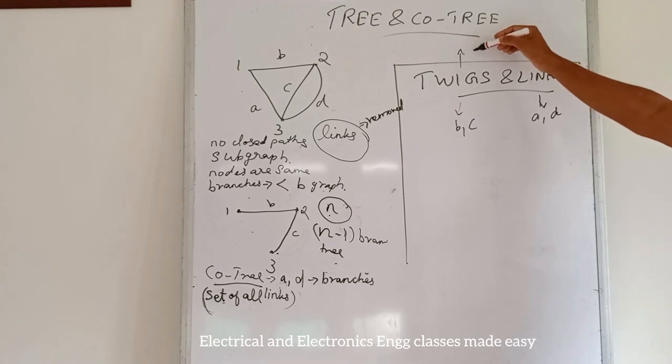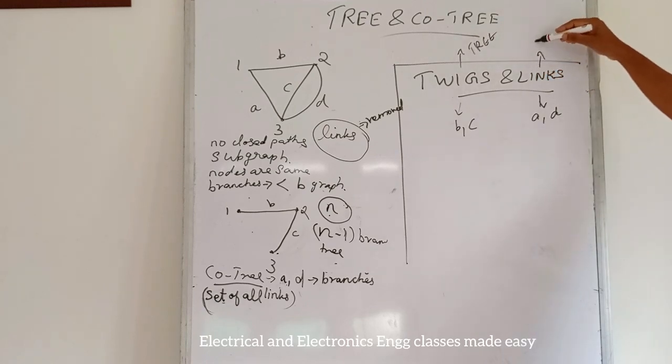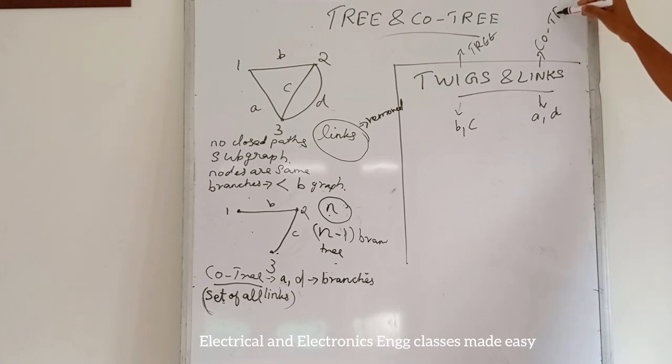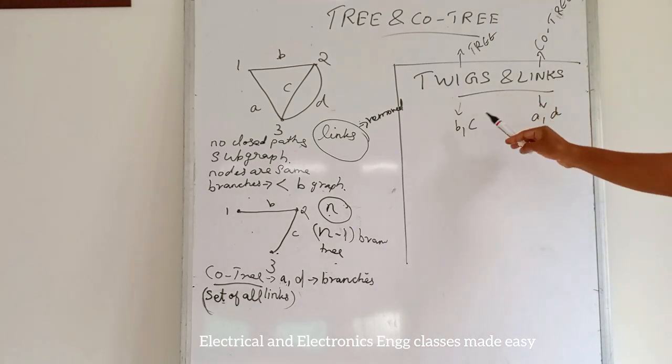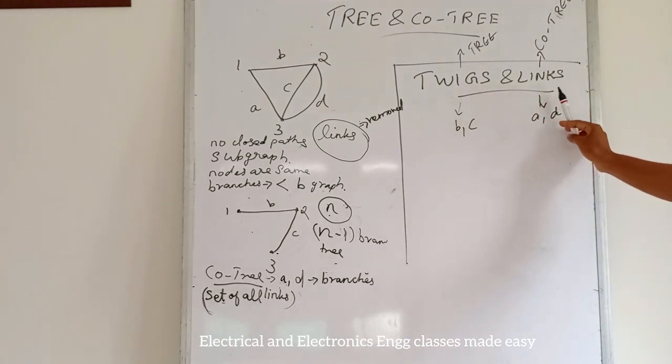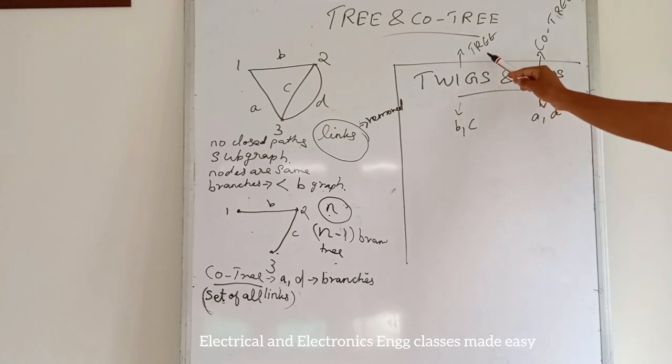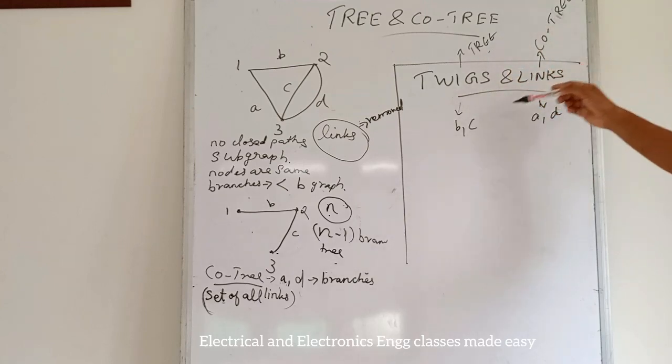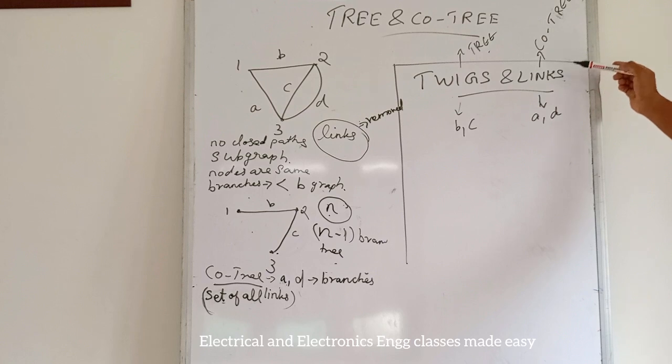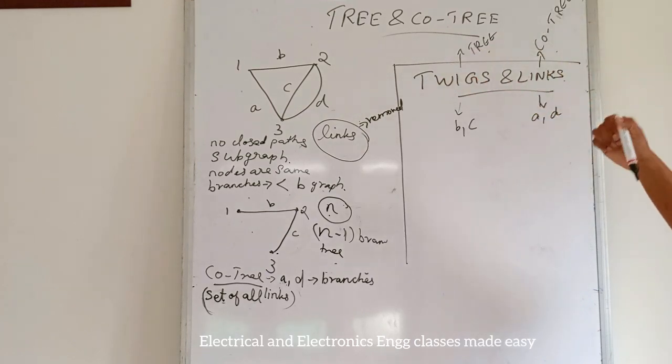So, twigs are the branches of the tree, and links are the branches of the core tree. That is the difference between twigs and links.